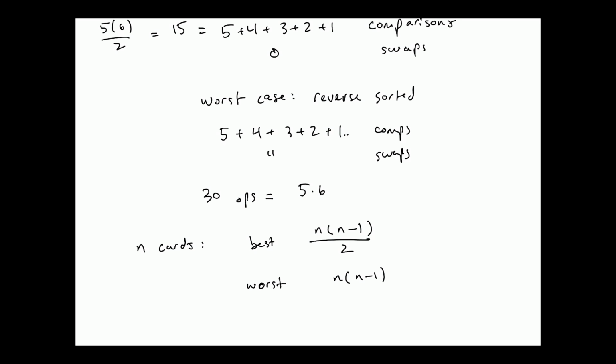Both of those, I'm hoping that you're convinced, are essentially n squared. I'm blowing off coefficients and stuff, but basically they're n squared thingamajigs, right? The complexity grows with the square of the number of cards.